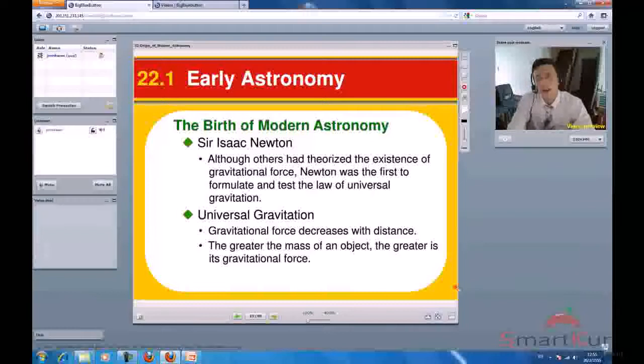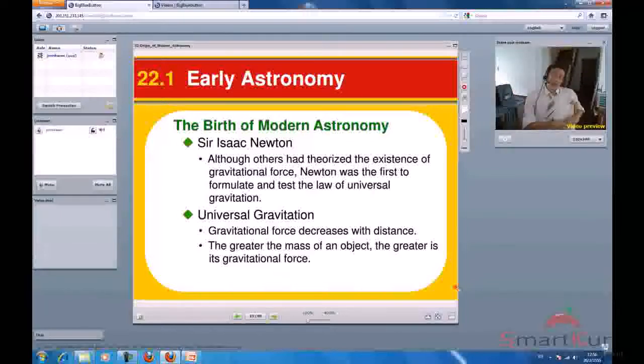People like Copernicus and Galileo and Kepler were very bright and very smart in figuring out the fact that the sun was at the center of the universe and that the planets moved around the sun, and that they moved around the sun in elliptical orbits. But they could not explain why.